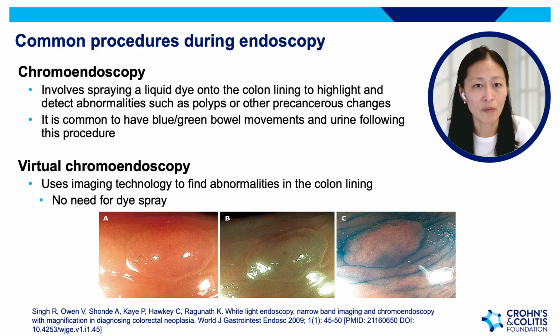The typical chromoendoscopy involves actually spraying a liquid dye onto the colon lining to highlight and detect abnormalities such as polyps or other precancerous changes. Typically the dye is blue. So after you have your chromoendoscopy, it's not unheard of to have blue or greenish bowel movements and possibly greenish urine following the procedure for a day or two, but it goes away on its own, and this is expected.